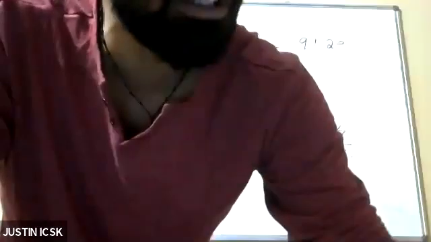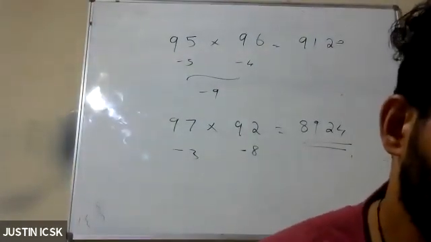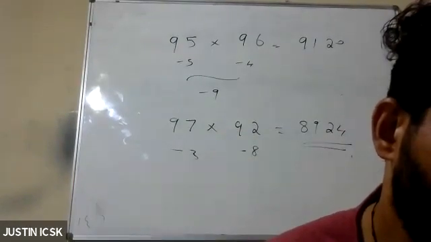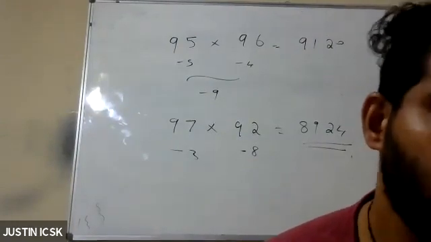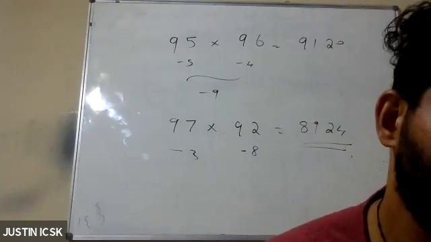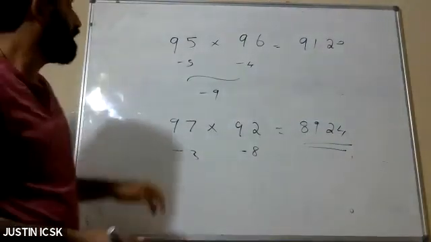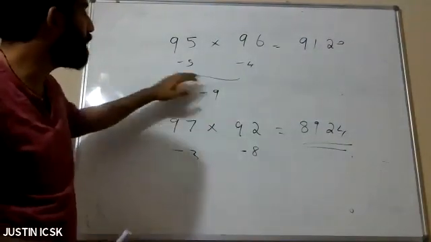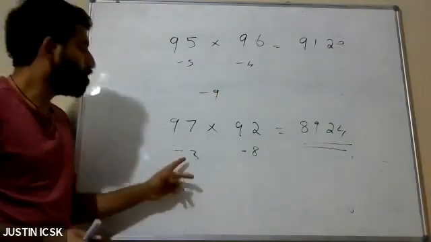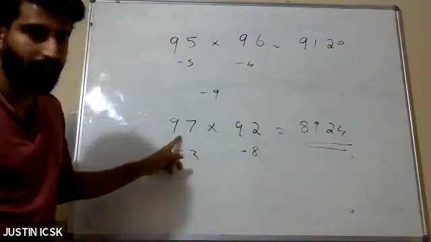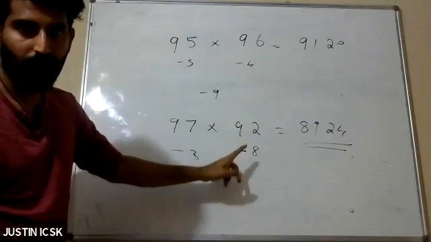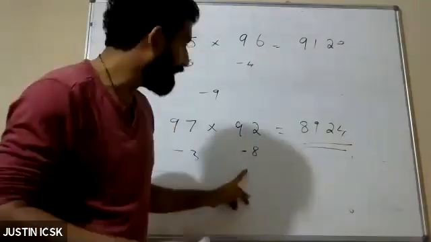Now what we are going to do is, minus 3 and minus 8, how we will get this? 100 minus 3 is 97, 100 minus 8 is 92.